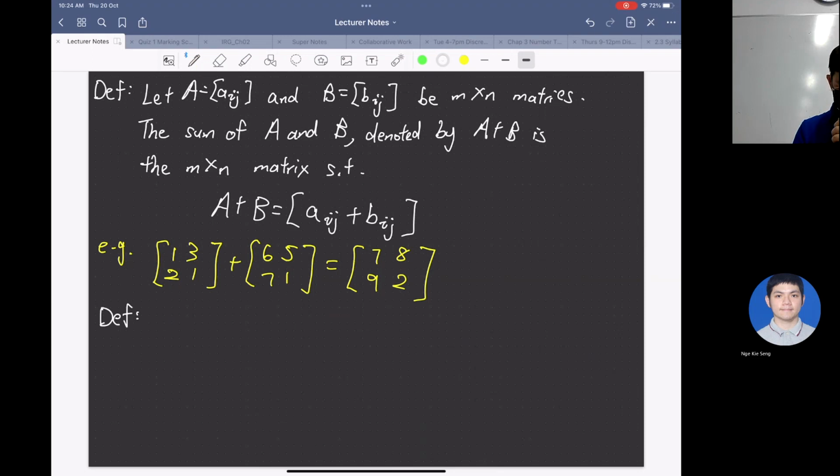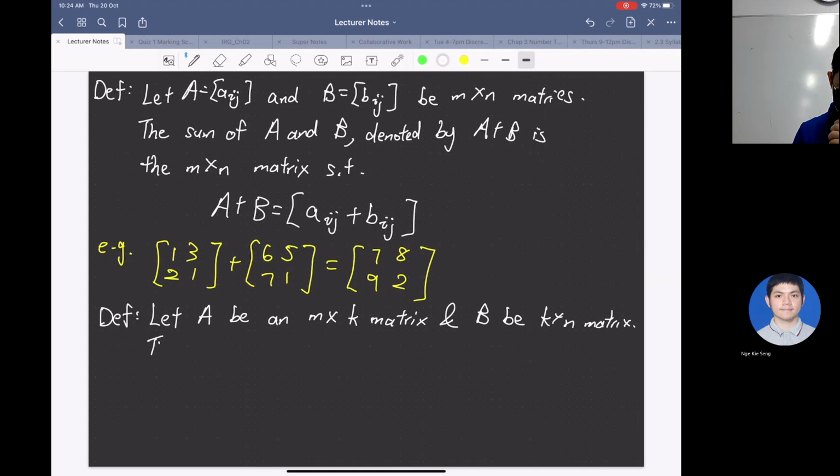You can also multiply two matrices together, but they have to be the right size. Let A be an m by k matrix, and B be a k by n matrix.